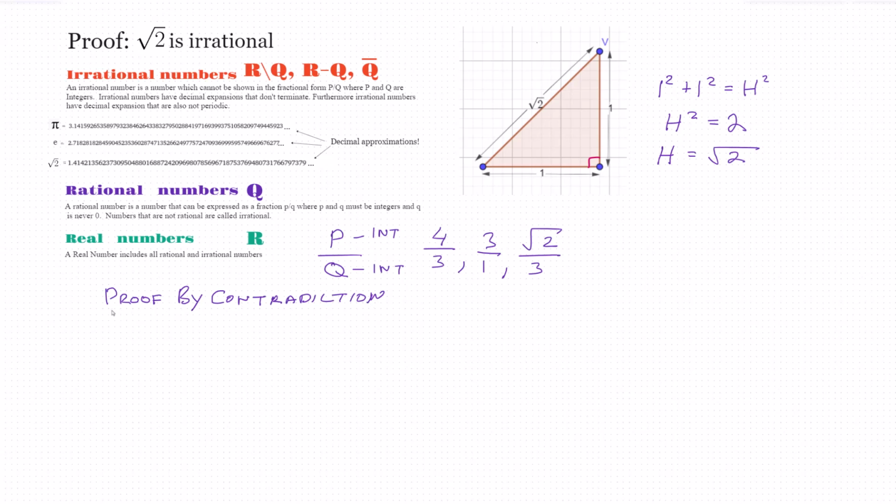And we're going to assume that root 2 is a rational number. In other words, we're going to assume that root 2 is equal to a over b, where a and b are integers. We're going to assume that root 2 is rational. And then we're going to show that this is an incorrect assumption.